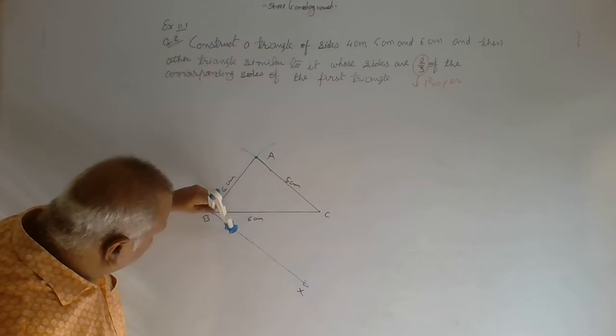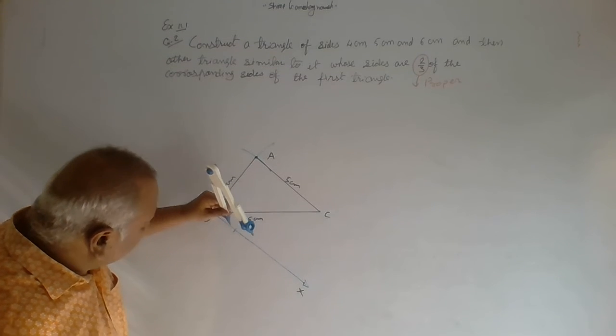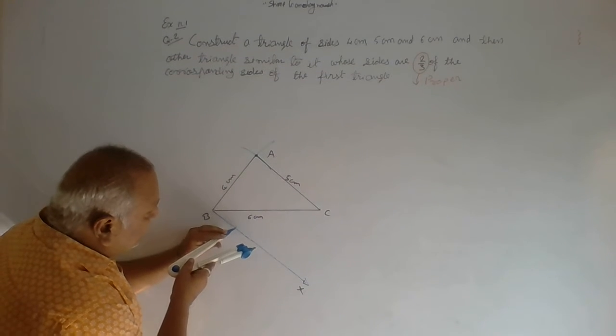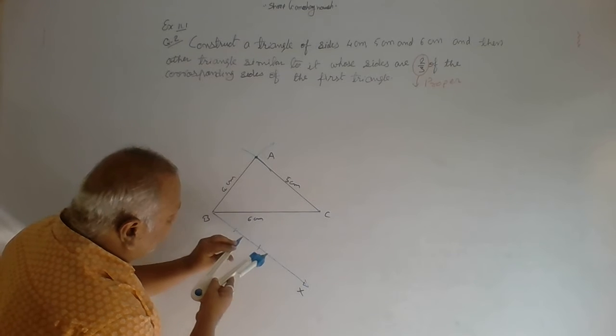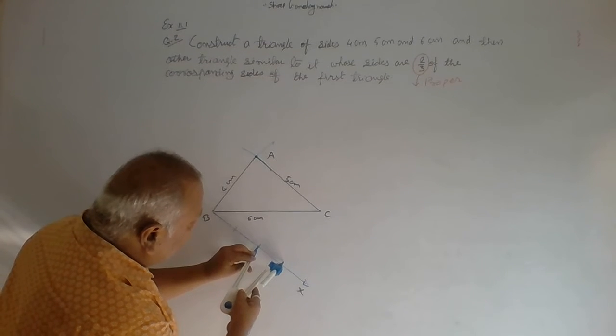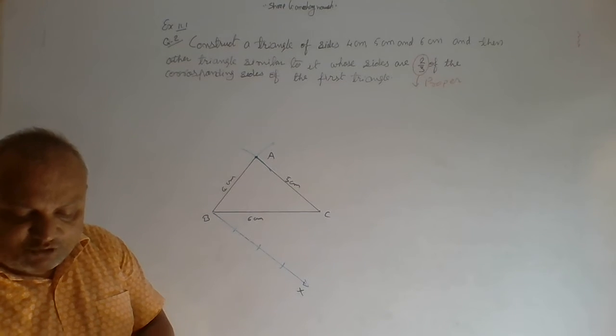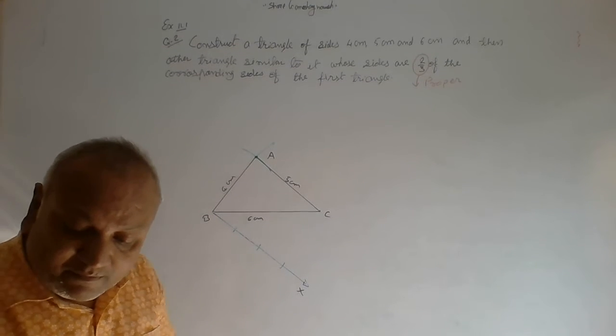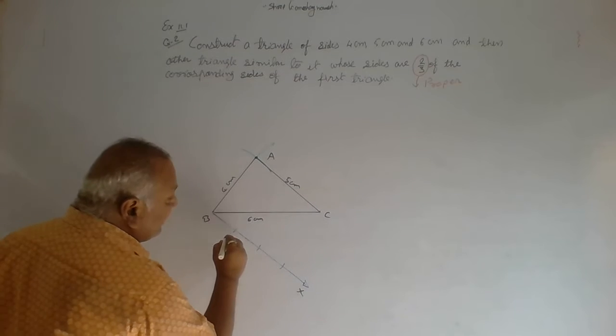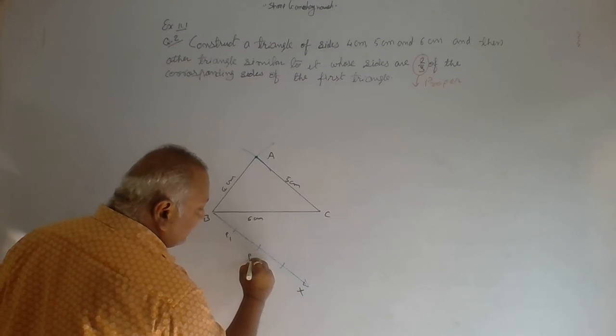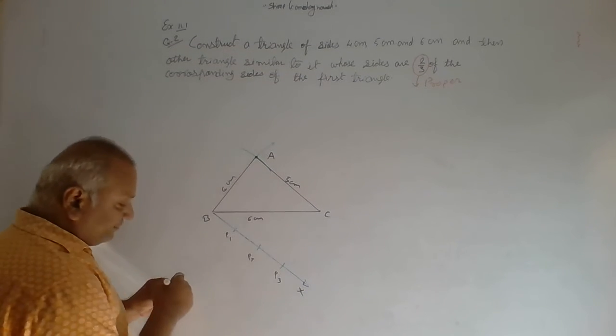This is the first part. This is the second part. And this is the third part. Can you see? With the help of compass you have to make 3 equal parts. Here we will write down P1, P2, P3.